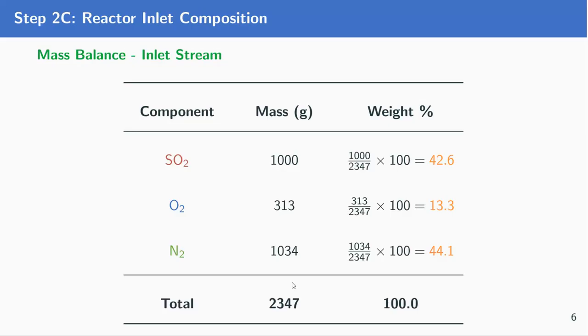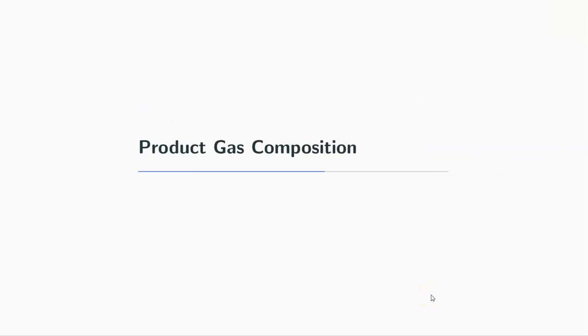And nitrogen percentage is 1034 divided by 2347 times 100, so that is 44.1. If I total again, 42.6, 13.3 and 44.1, that adds up to 100%.